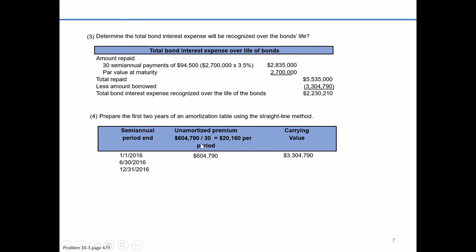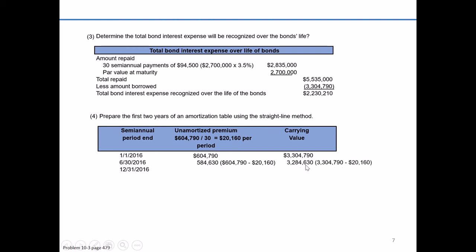Every single period, we're going to equally amortize $20,160. So as of June 30th, 2016, we are going to bring our premium from $604,790 down to $584,630 by subtracting out an amortized premium of $20,160.